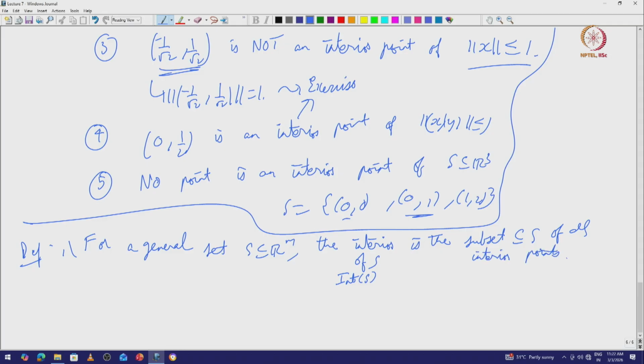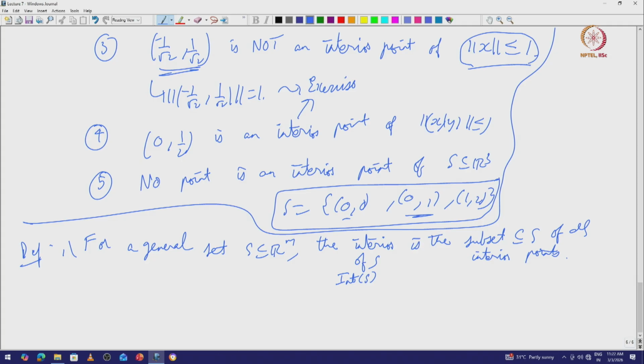Now, the interior could potentially be empty. In this case, there is no interior. It could potentially be a strict or proper subset, for example, in this case. It could be the entire set itself if the set is open, right.